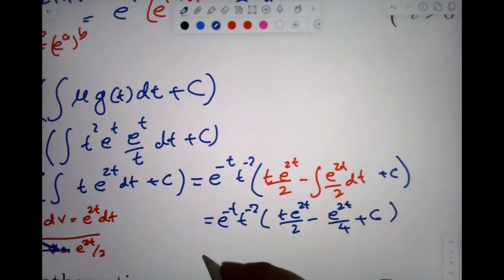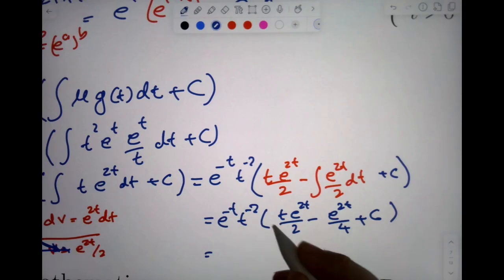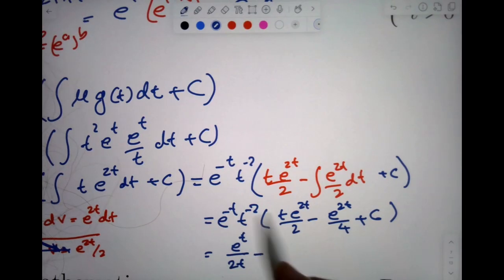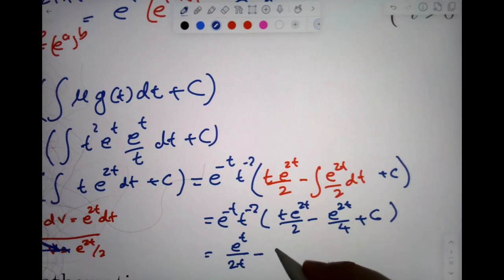You can put this through, and then what you end up with is for the first term, one of the t's goes away, and e to the power 2t and e to the power negative t is e to the t over 2t, minus, then you will have these two, which is going to be, again, e to the t over 4t squared.